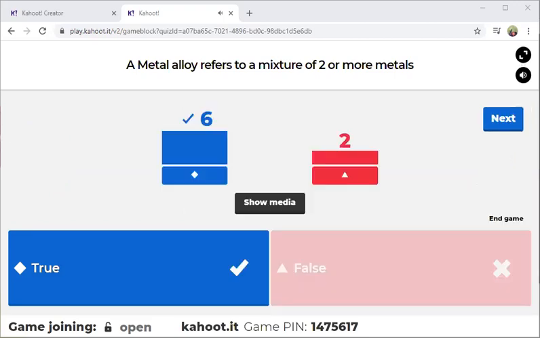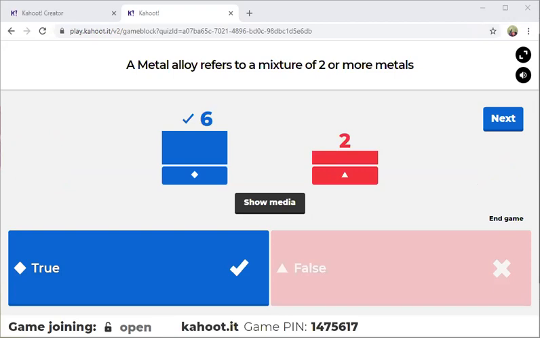Yeah, beautiful, guys. So that is true. Remember, when we speak of a metal alloy, we are speaking of a mixture of metals. An example of a metal alloy is steel. Remember, we did mention that steel is a mixture of iron and other metals, right?